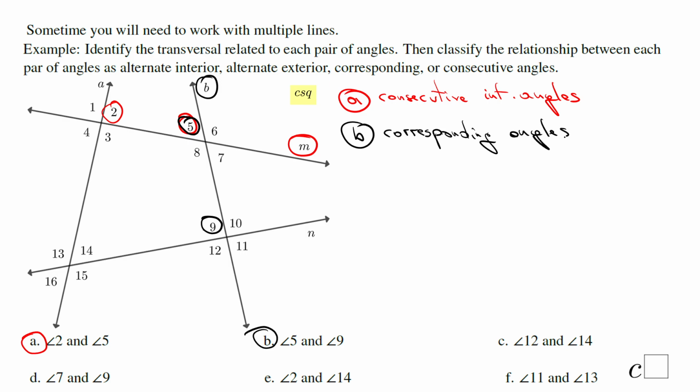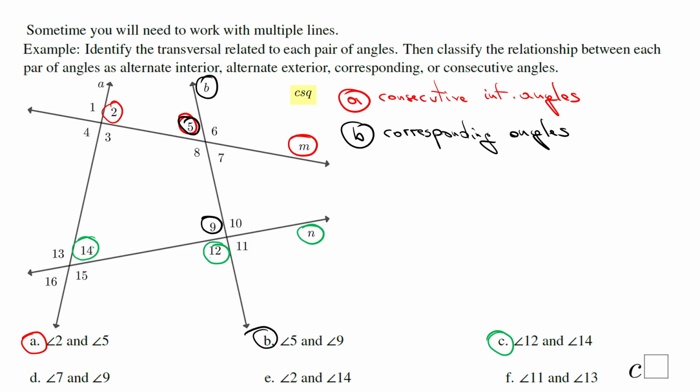Okay, remember those on part A, consecutive interior angles, we can call them also same side interior angles. Okay, let's go to part C, where we have to look at angle 12 and 14. 12 and 14, which one is the transversal now? Now the transversal will be N. And now we're looking, these two angles, 14 and 12, are between A and B, so they are interior angles.